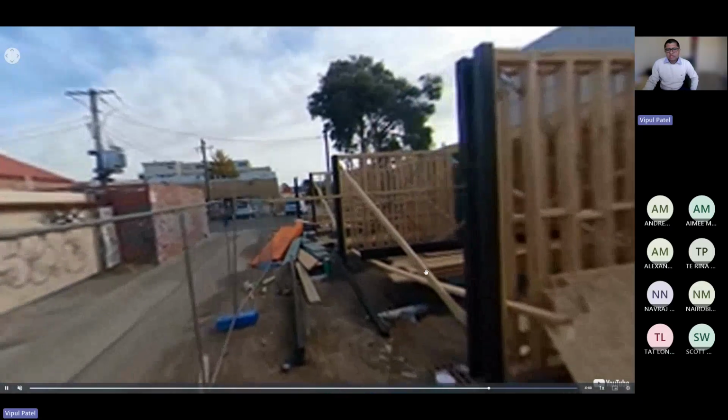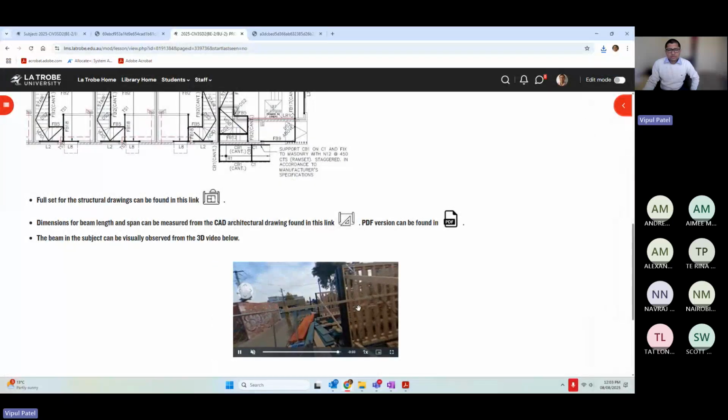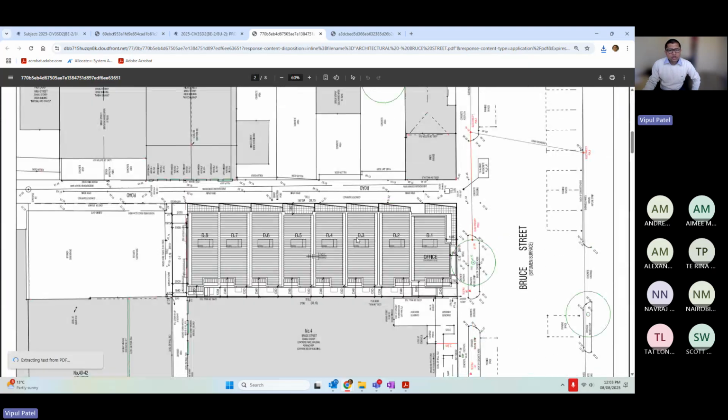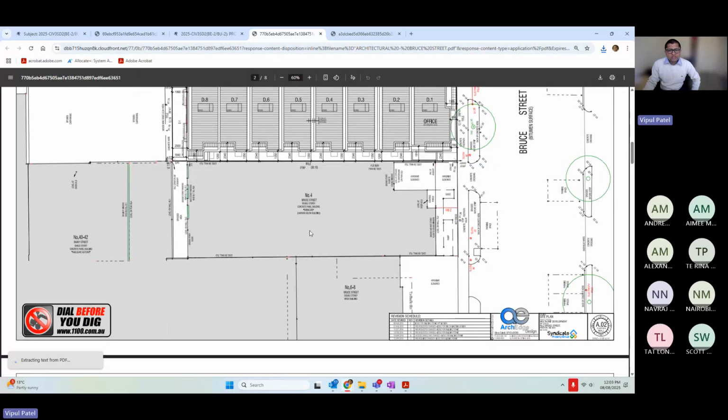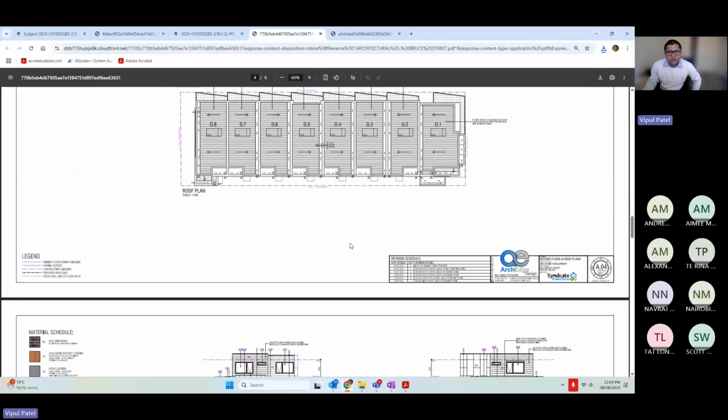There is a garage here, and there is a first floor and second floor apartment above it. I can open the PDF file for the architecture drawings to show you as well. So these are the architecture drawings. Architecture drawings do not specify the size of the beam and so on. So first I will show you the elevations, then you will get an idea.